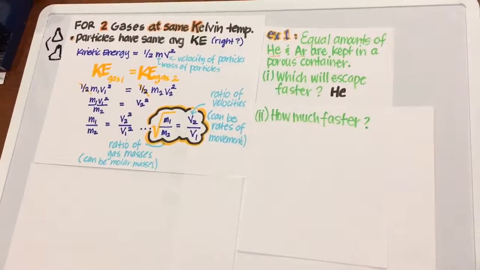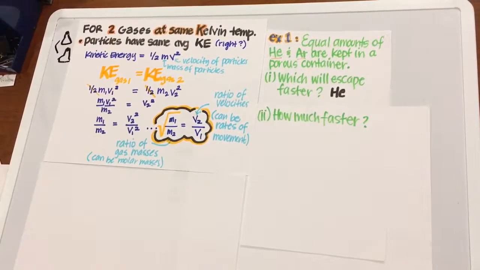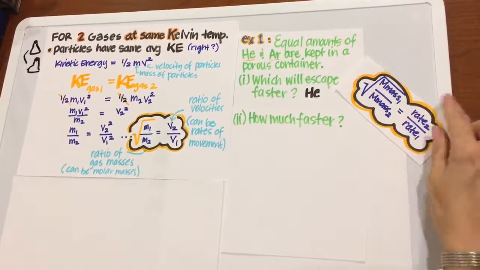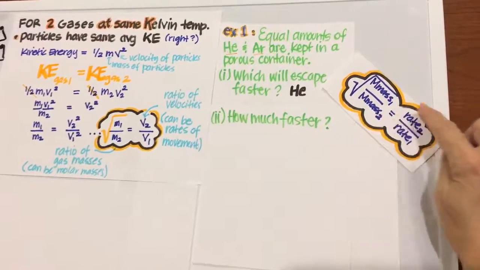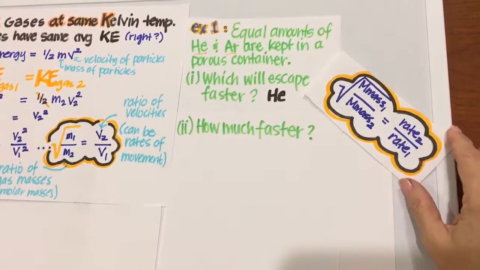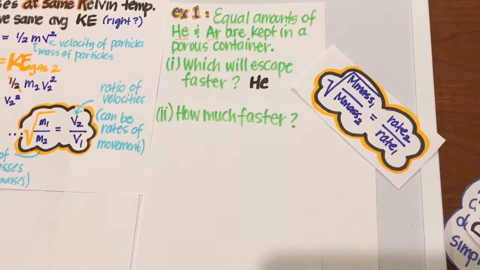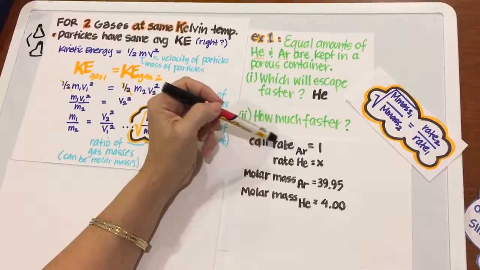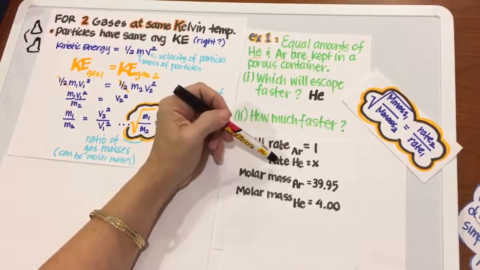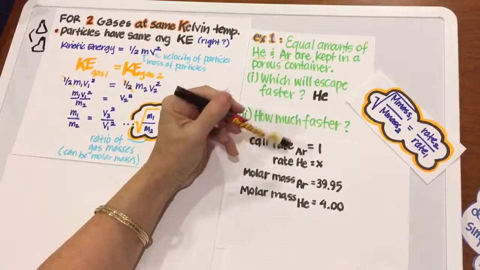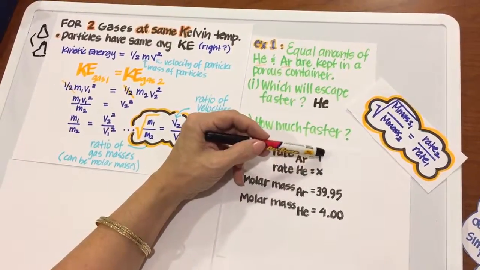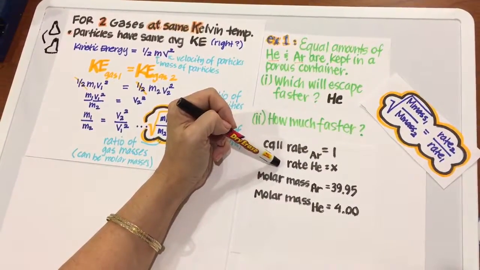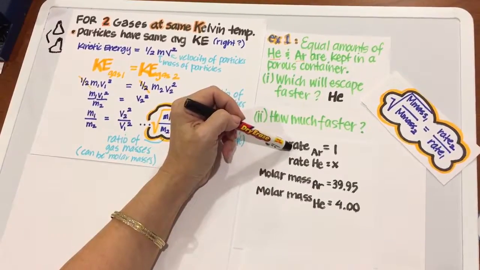But how much faster? In order to do this, we're going to have to use Graham's law of diffusion. We've got the molar masses, and we've got some information about rates. Here's what I'm going to do. I'm going to call the rate of argon 1 and the rate of helium x. Then I'll be able to tell whether helium is 2 times as fast or 0.5 times as fast. What's my expectation? That helium will be faster than argon.